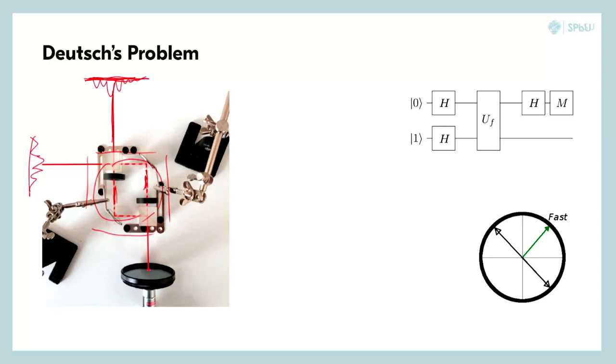Let's imagine this interference pattern with no wave plates inside the interferometer. So it's going to be something like this.